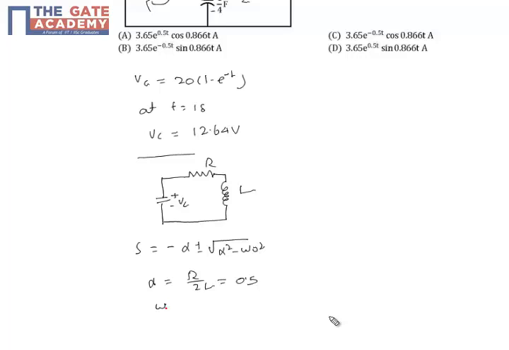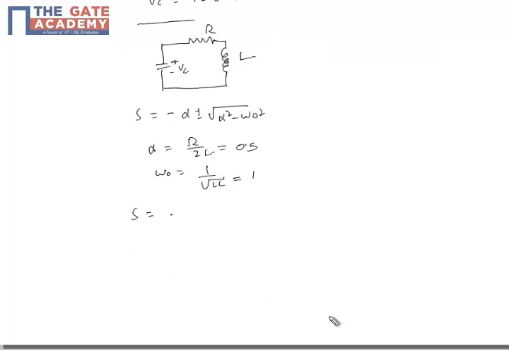Now similarly omega naught is equal to 1 by root LC, so that is equal to 1. So S will be equal to minus 0.5 plus or minus j 0.866.